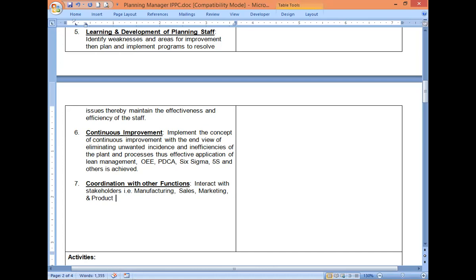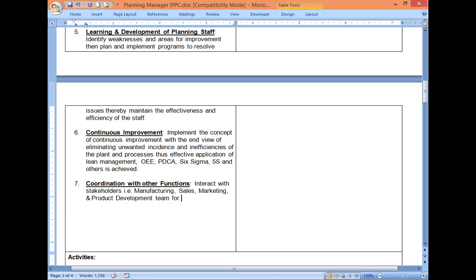Marketing is the one doing the promotional product, but the product development team is for new products. Okay, they are developing products.